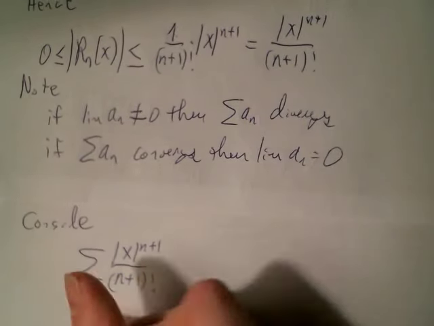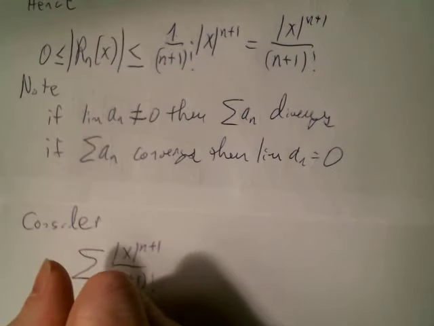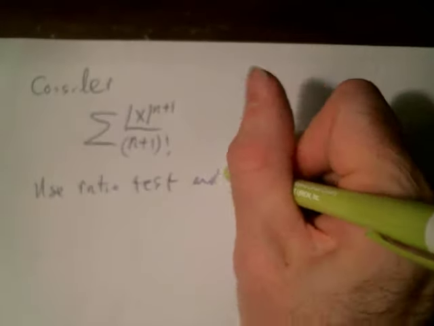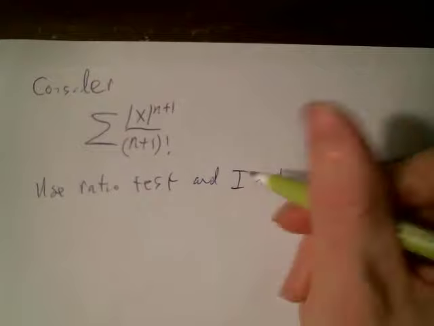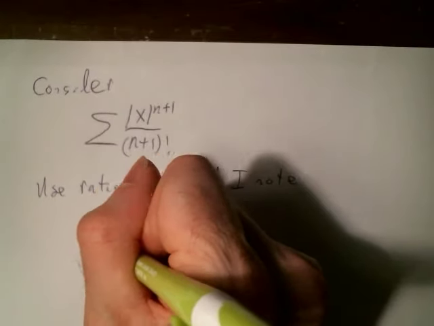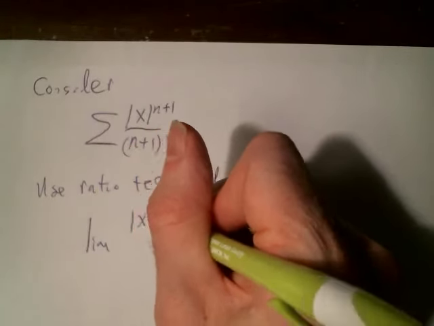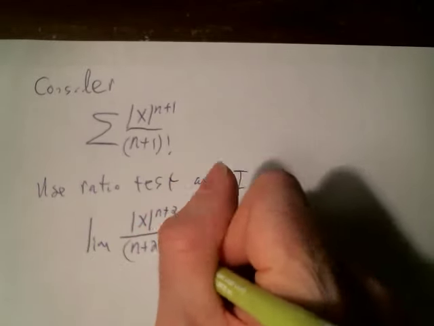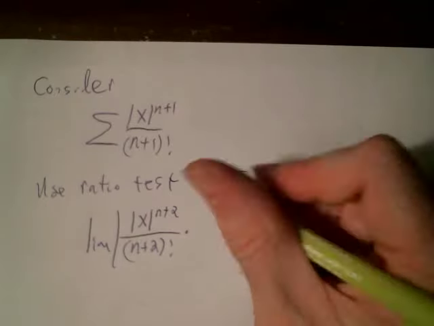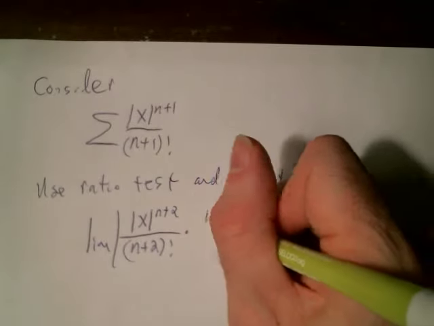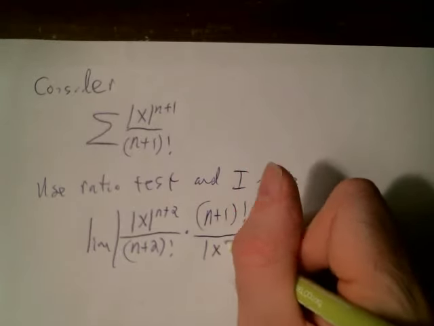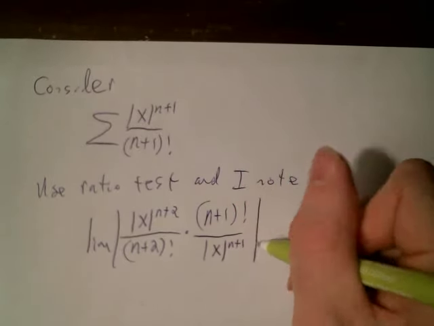Okay, so I use the ratio test. And I note, well, the limit of a_(n+1), which is the absolute value of x to the n+2 all over (n+2)!, times the reciprocal of this expression, so (n+1)! all over the absolute value of x to the n+1.